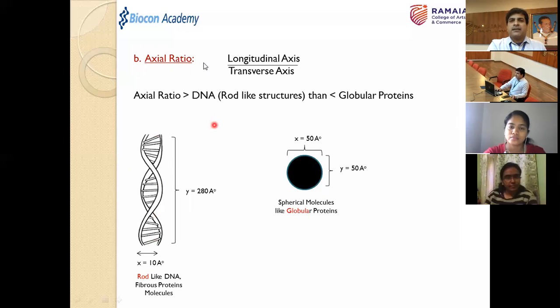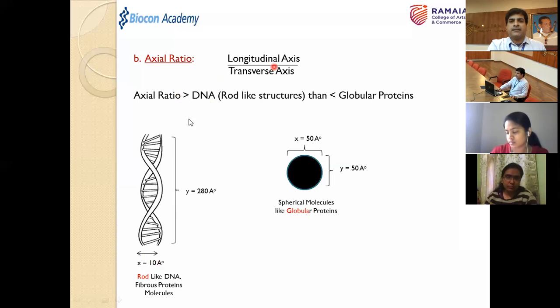Because there is a term known as axial ratio. What is axial ratio? The ratio of the longitudinal axis to the transverse axis. This is the longitudinal axis and this is the transverse axis. If you see, the axial ratio is very high for DNA.